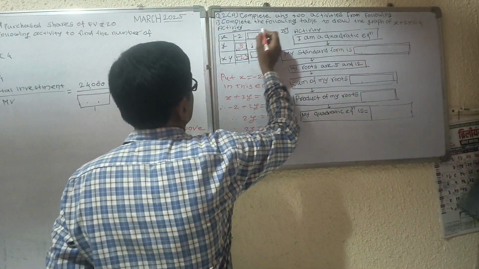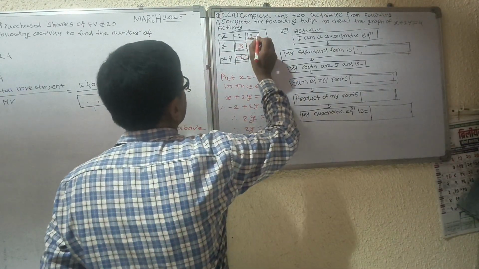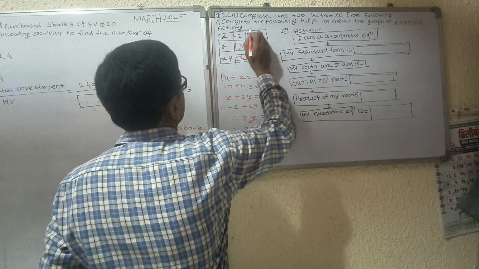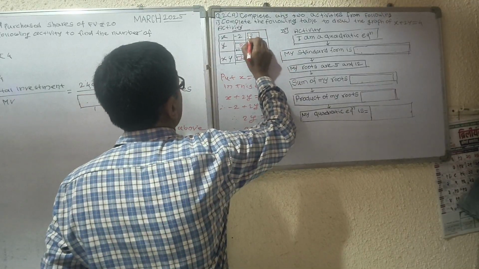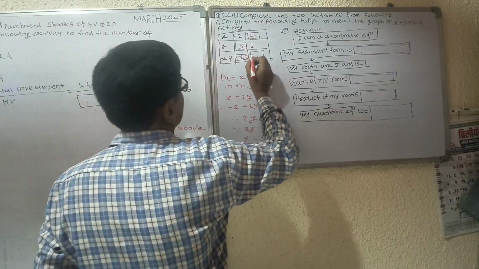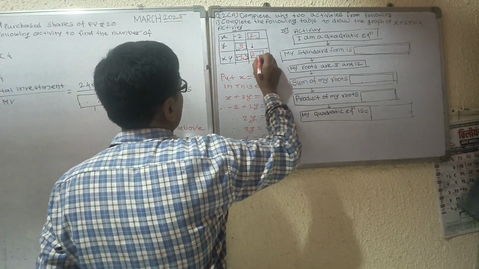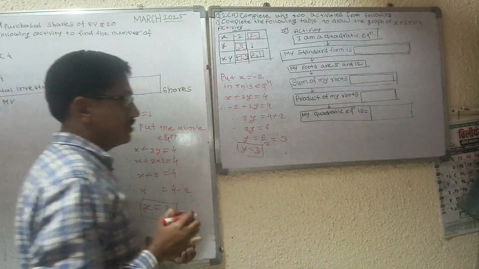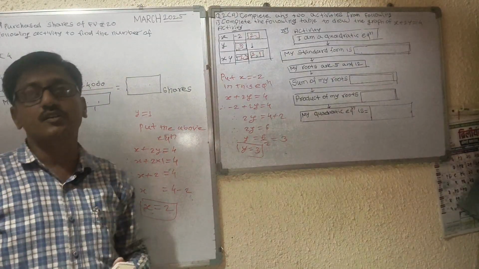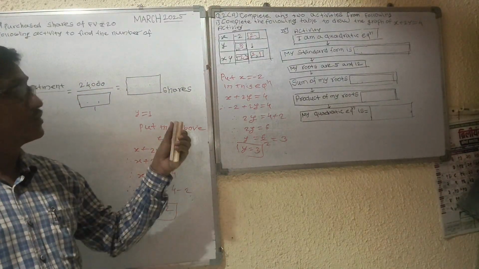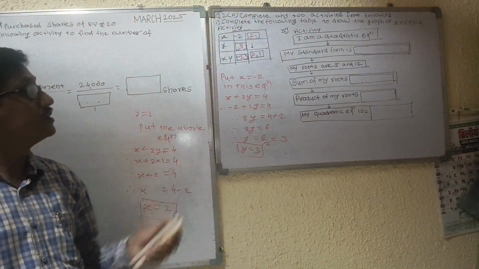We write in the table x is equal to 2, completing x is 2 and y is 1. This is question 2A.